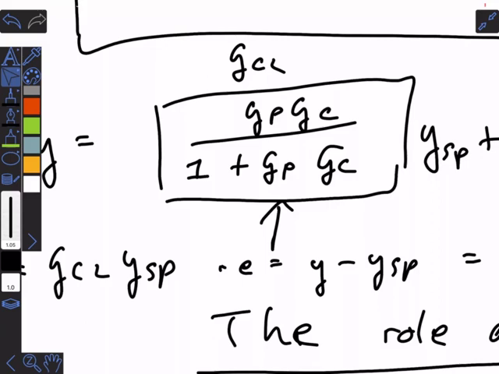That's the math that drives offset. If this transfer function is not equal to 1, at least eventually, there will be offset. It becomes equal to 1 if G_P G_C has an eventual gain of infinity.